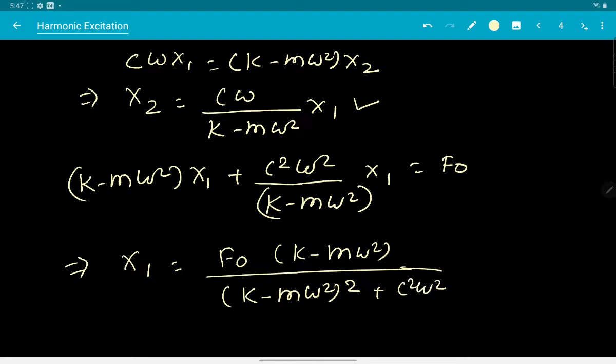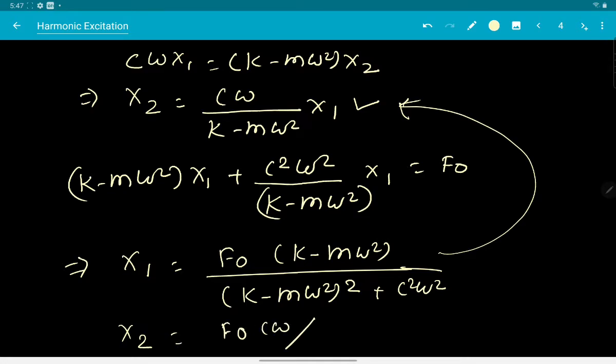And if I put this value of x1 in this expression of x2, then I'll get x2 as f0 c omega divided by (k minus m omega square) square plus c square omega square.